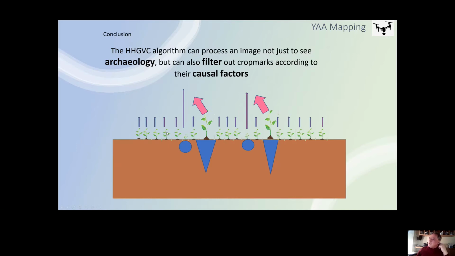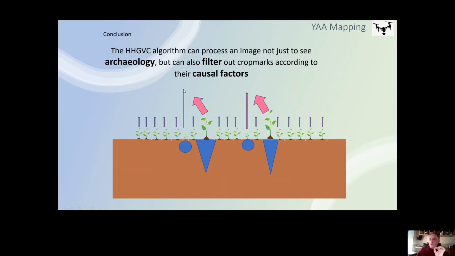And what we've found is that if we take, here's K-wood, these are land drains and these are ditches. Over the land drains, we have restricted growth, got the little tiny plants here, and they reflect the NIR differently to normal growth. But plants which are growing over the ditches are reflecting the NIR not just more or less, but actually in a different frequency, in a different angle, in a different direction to normal growth and to the growth over the land drains.